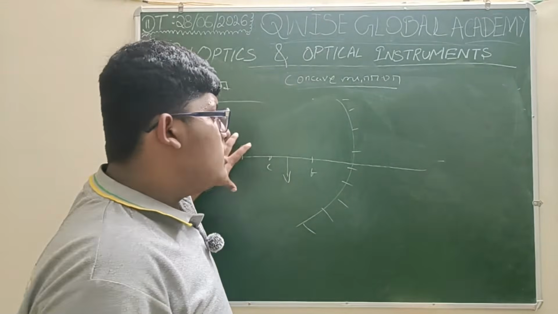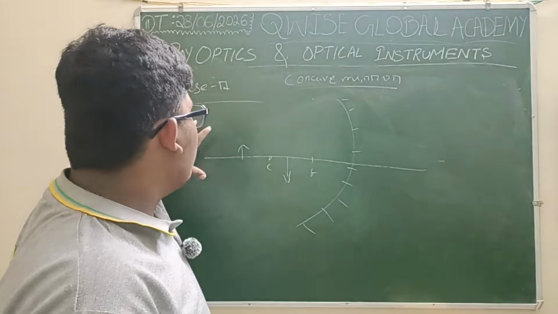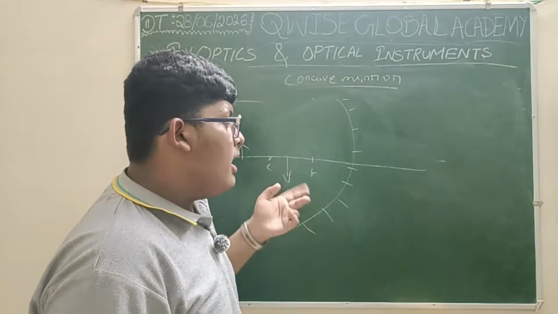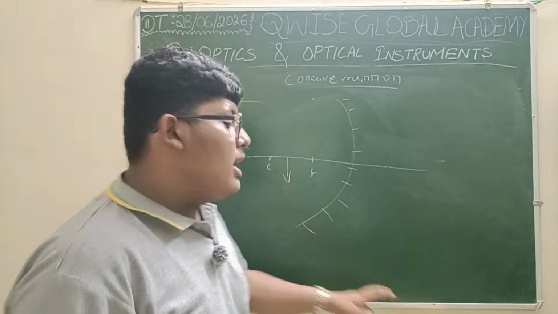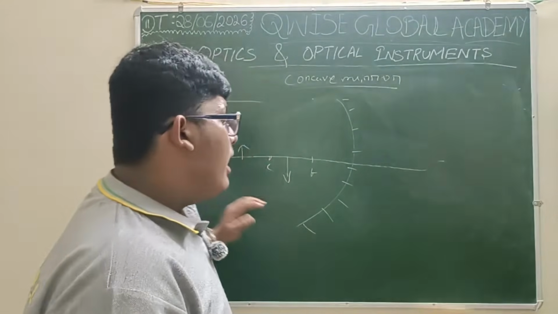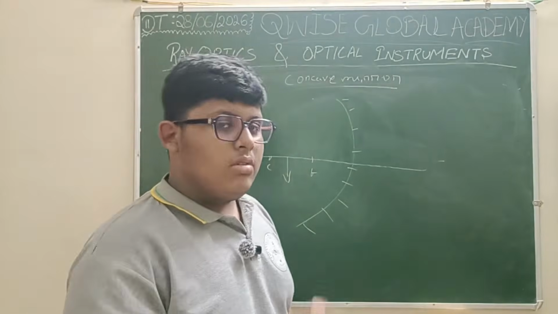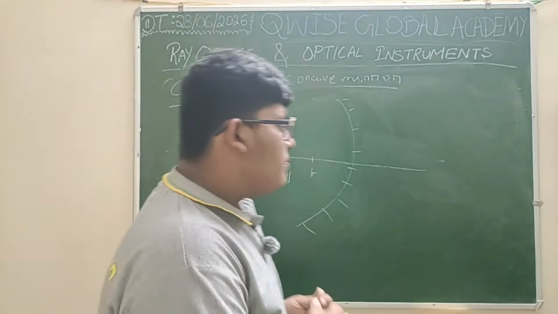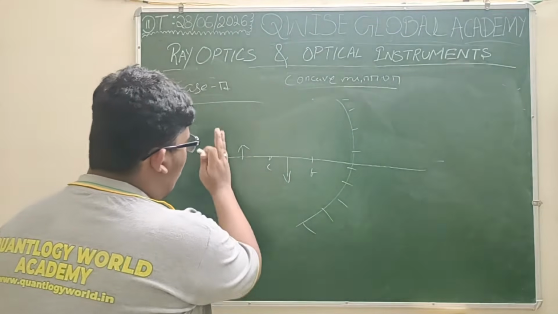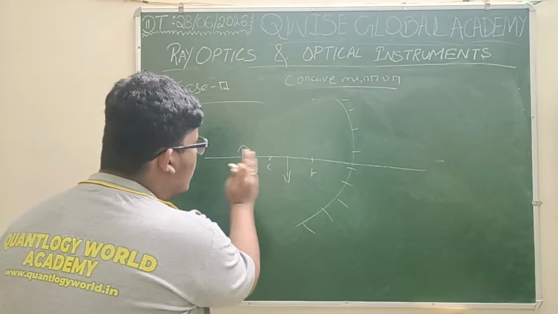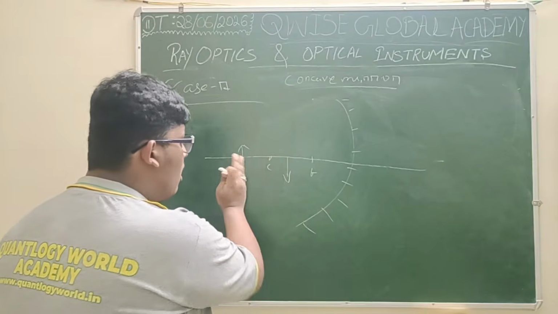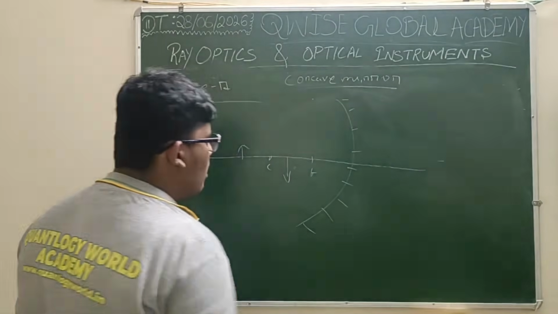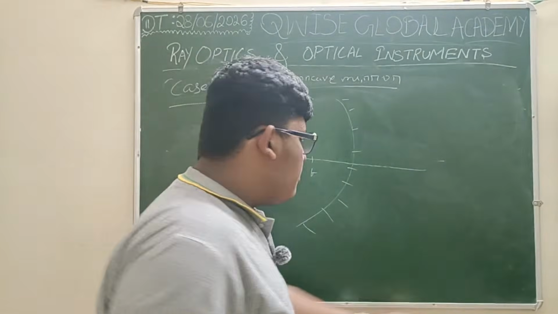In the first case also, when the object was at infinity, the image was real and inverted, and the size was highly diminished, means very small. In this case also it is diminished, means the image is smaller than the size of the object. So if the object is standing beyond the center of curvature, then the image formation will be between the center of curvature and focus, and the image will be diminished.